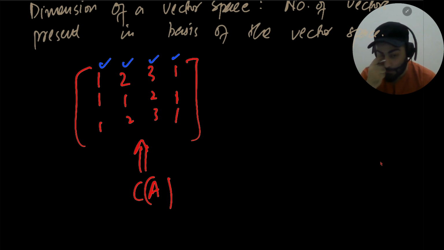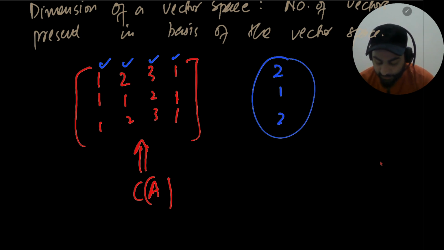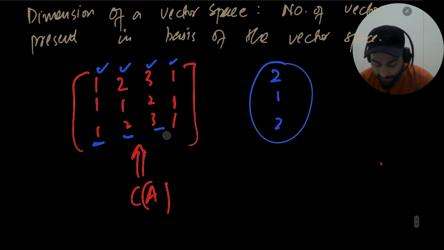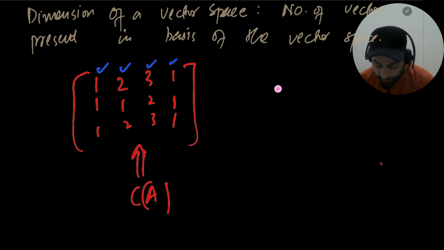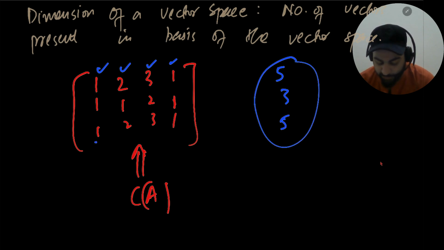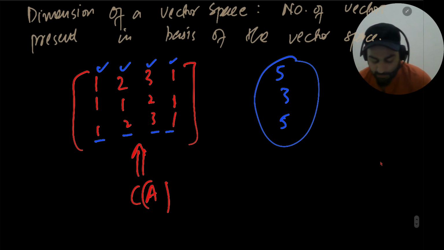Obviously (2, 1, 2) will be in the column space, because you take 0 of this, 1 of this, 0 of this, 0 of this. If I want to reach (5, 3, 5), what combination of these vectors should I take? Can you give me what combination of these vectors I can take to reach this vector (5, 3, 5)?